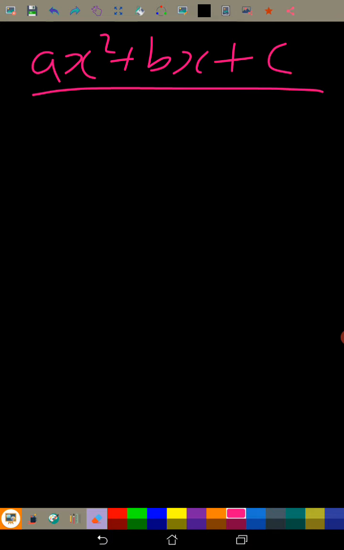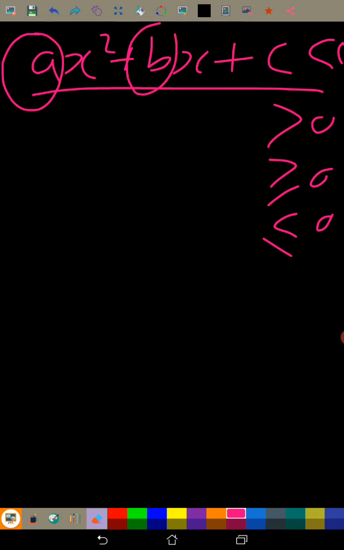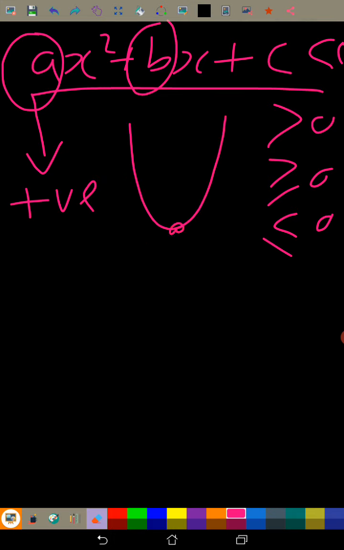But before we go any further, you know that a quadratic equation is in the form of this. If it's an inequality, it's going to be less than 0 or greater than 0 or all the possible variants. These are coefficients, but this one is more interesting because if it's positive, it means that it has a minimum value and it looks like this.